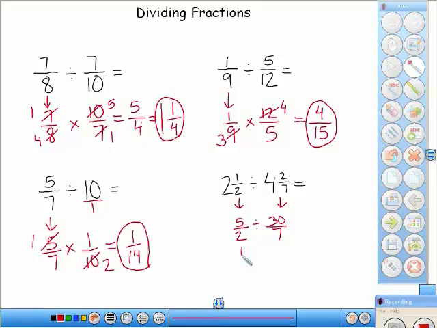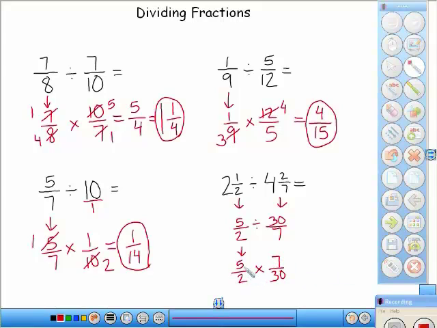So now we're going to do those steps where we rewrite the first one, 5 over 2. We're going to flip the sign. Remember, we're going to multiply by the reciprocal. So if I flip this, I've got to flip this. So instead of 30 over 7, it would be 7 over 30. And then we'll see, can we cross cancel?